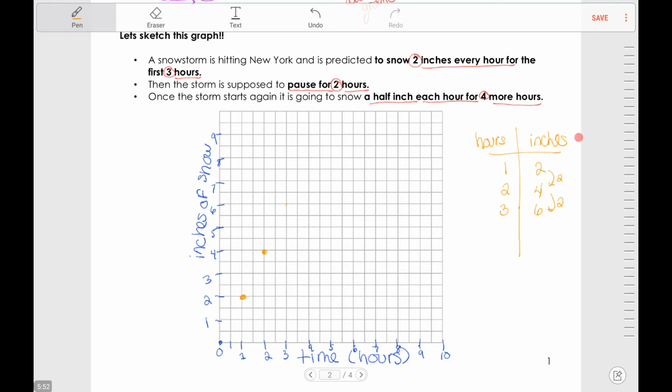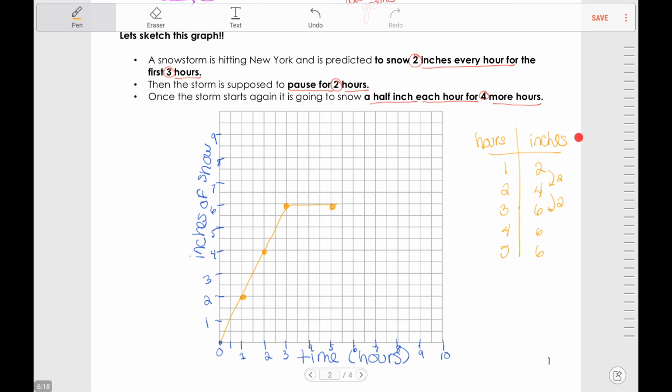For the first 3 hours, the snow is increasing 2 inches every hour. Okay, so then it pauses for the next 2 hours. So that's hour 4 and hour 5. It pauses. So is my inches of snow changing? No, it's going to stay at 6. So for 2 more hours, the snow stays constant or the same.